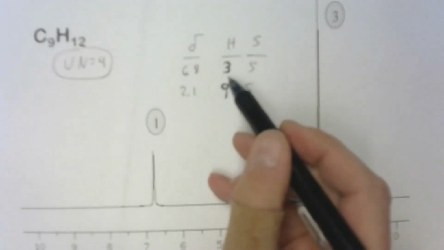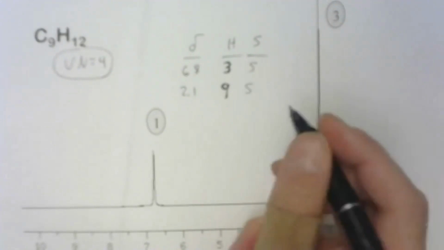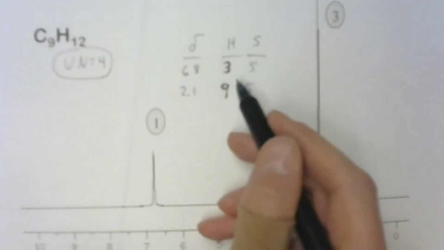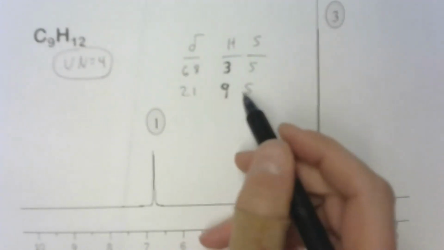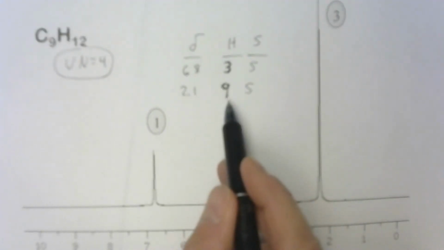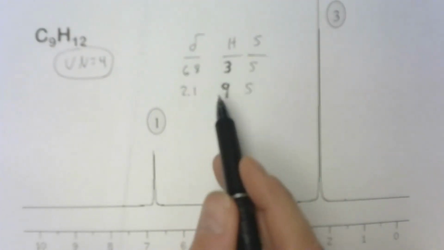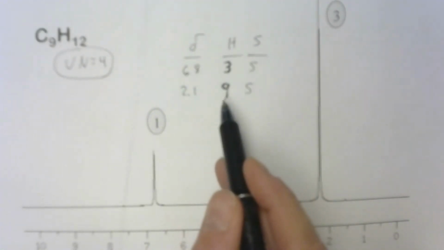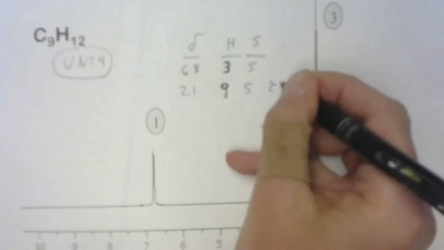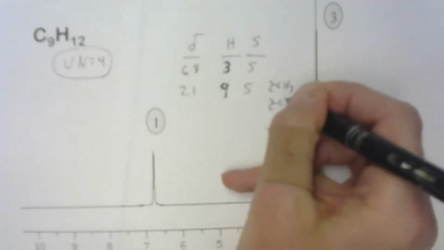It's a benzene with 3 things on it and 3 hydrogens, so we say it's a trisubstituted benzene. So what do you think is 2.1 then? 2.1, 9. 9 means maybe some methyls, right? How many methyls do we have? 9 protons means 3 methyls. So that's probably CH3, CH3, CH3, right?